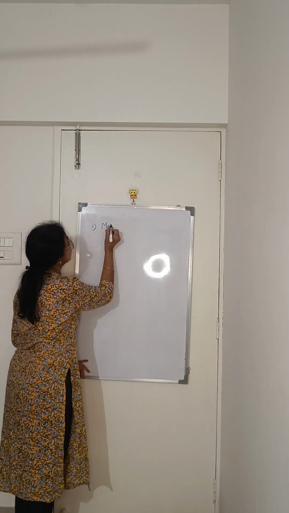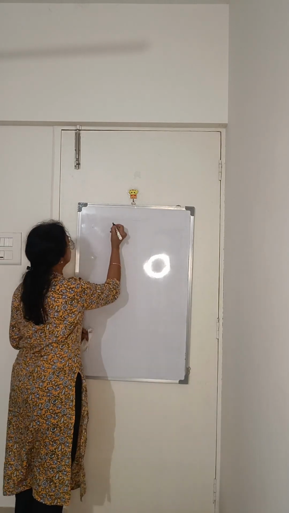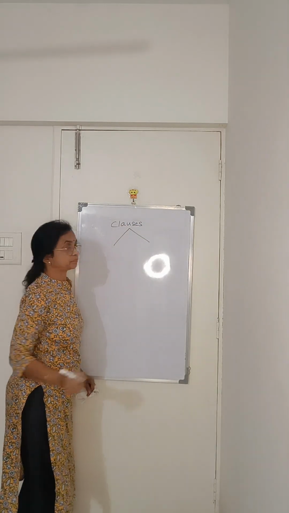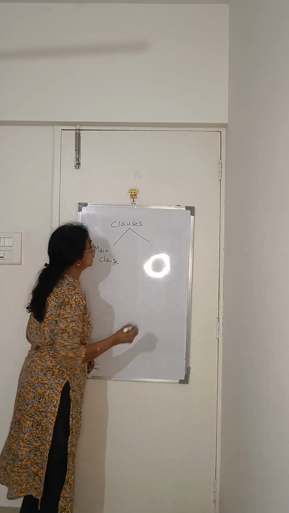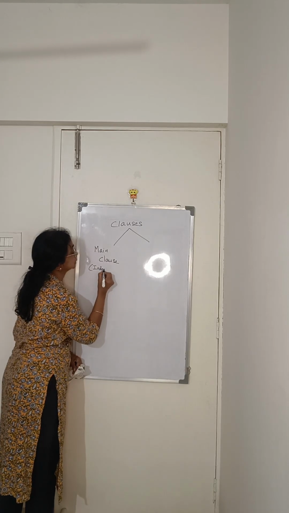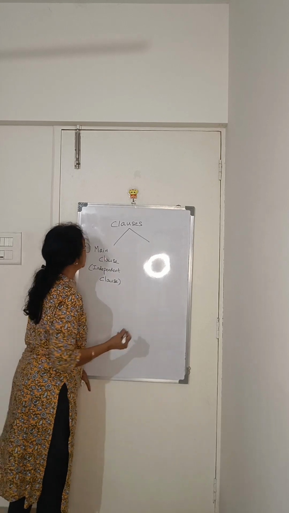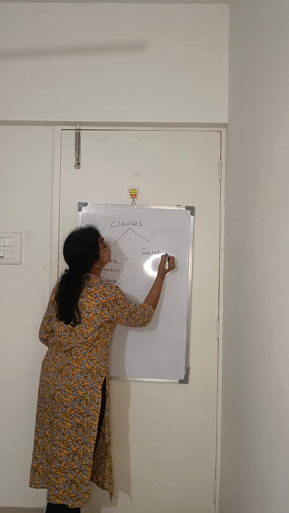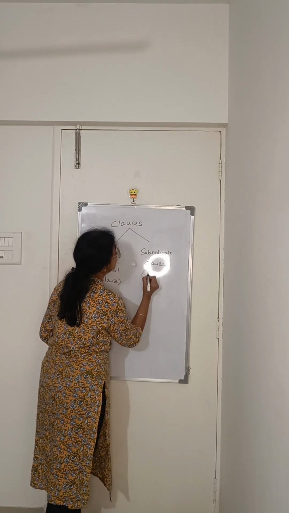Clauses are two types. Main clause, which is also called independent clause, and subordinate clause, which is also called dependent clause.